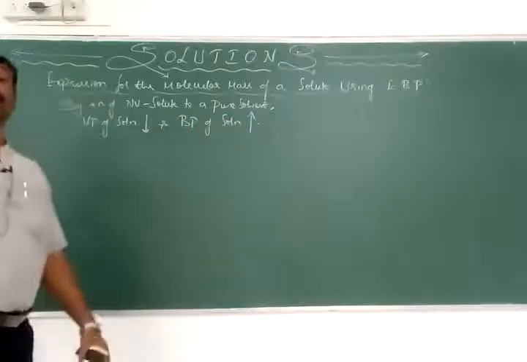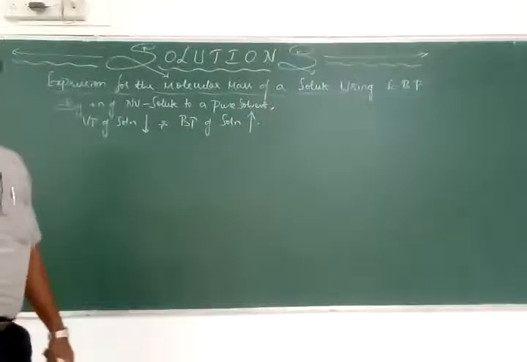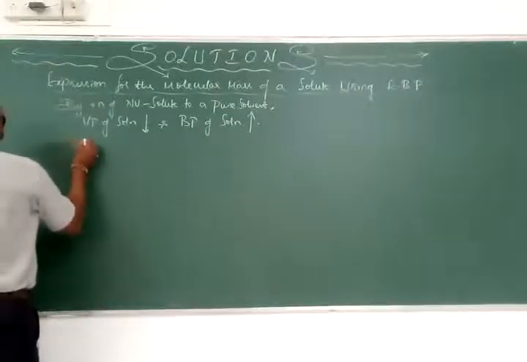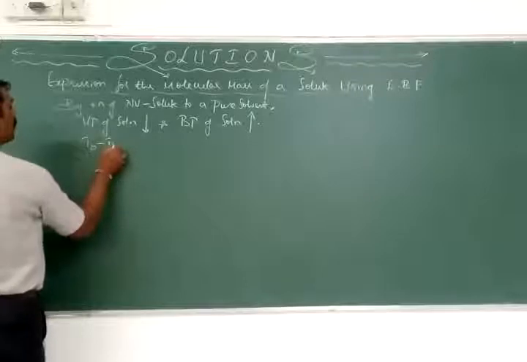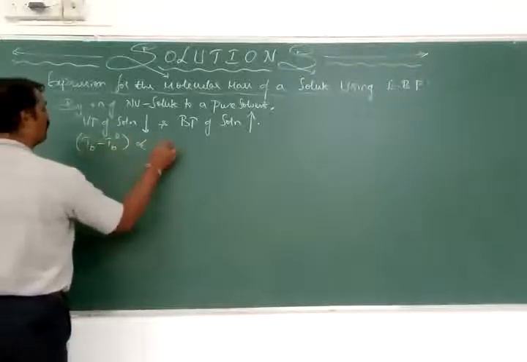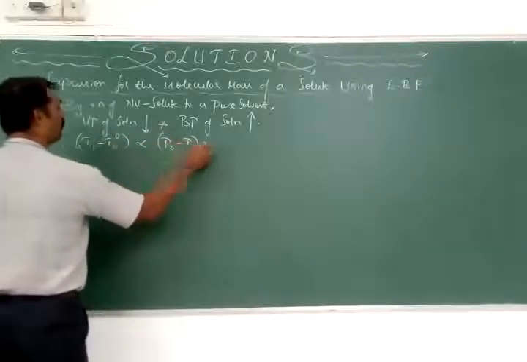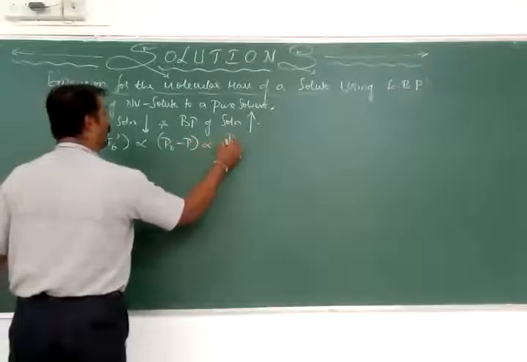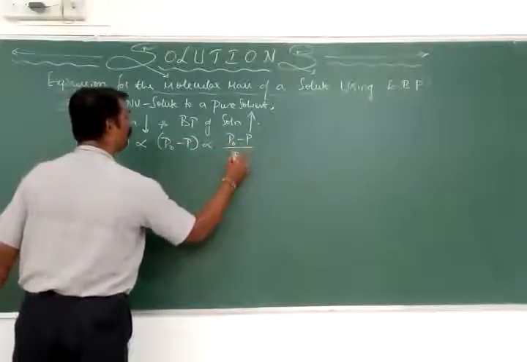That is what we decided from the graph. That is, TB minus TB naught is proportional to P naught minus P, or it is P naught minus P divided by P naught also.